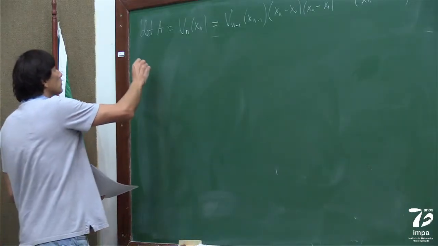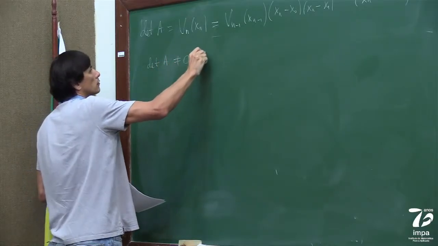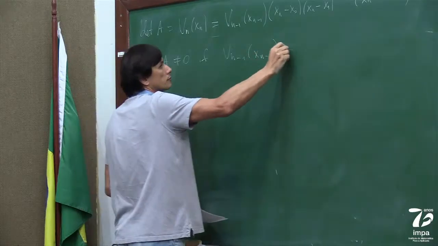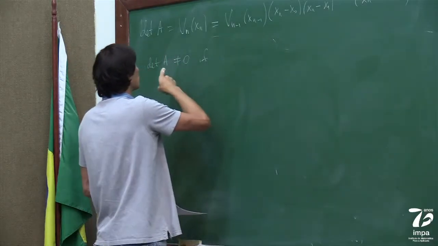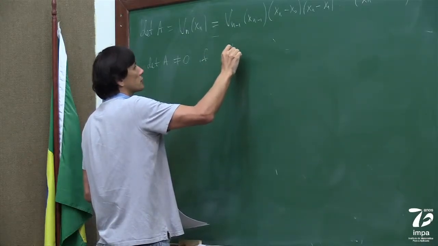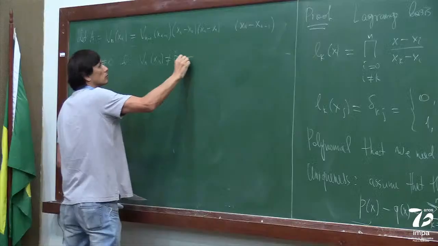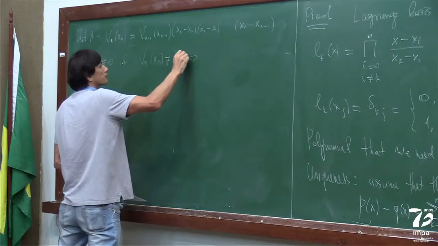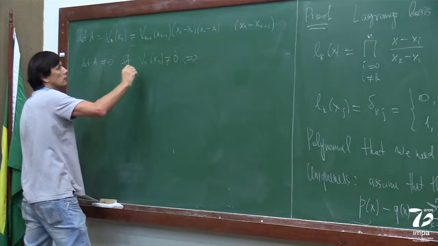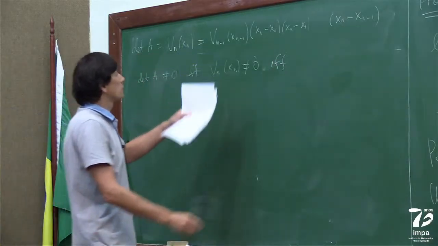So you see that the determinant of A is non-zero if Vn minus 1 of xn minus 1 is non-zero, because the product factors are non-zero. And this is non-zero if and only if the previous one is non-zero.